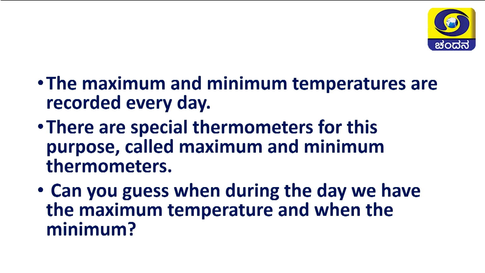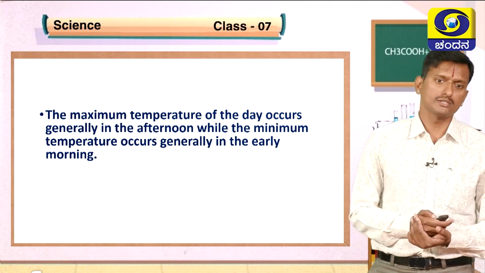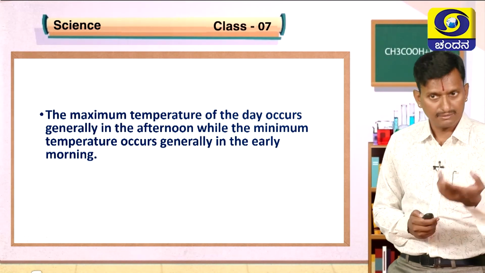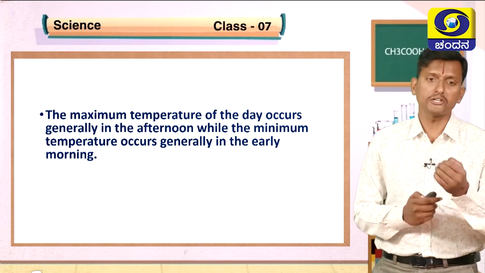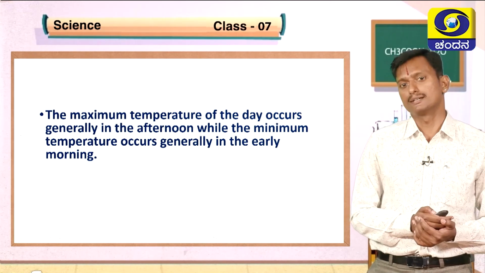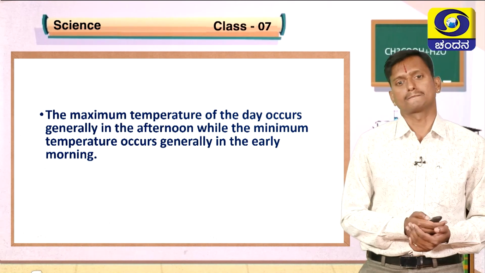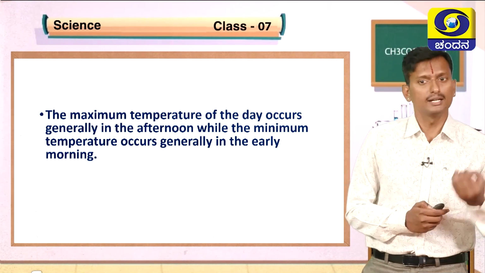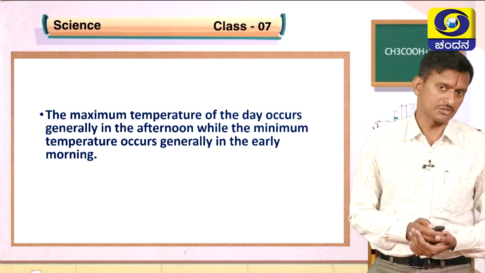Yes, obviously in the morning we get the minimum temperature, in the afternoon we get the maximum temperature. So, the maximum temperature of the day occurs generally in the afternoon, while the minimum temperature occurs generally in the early morning.